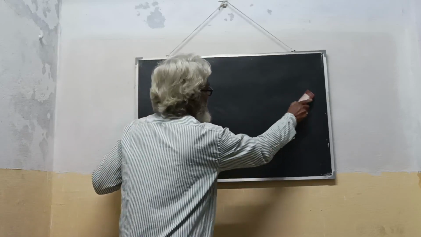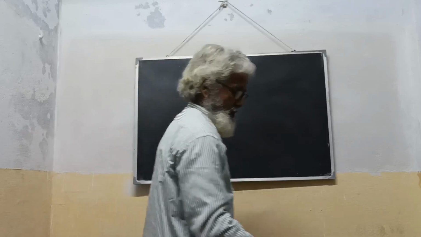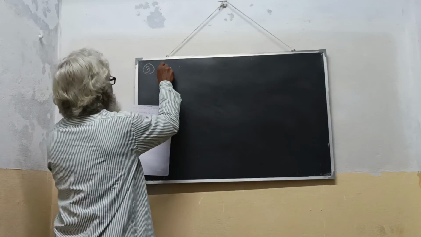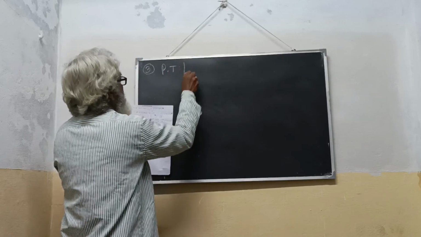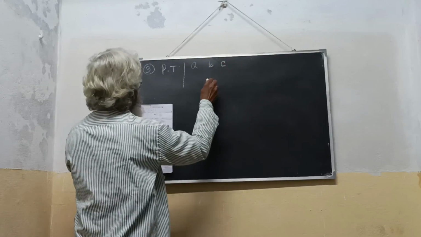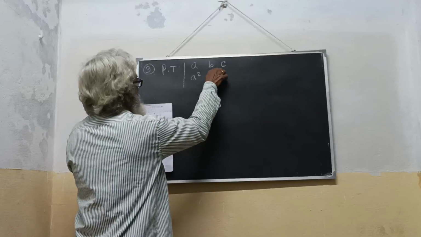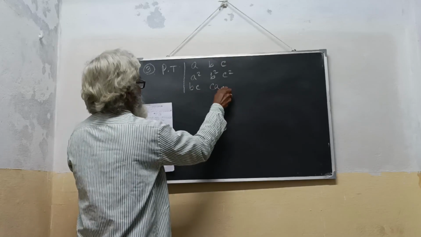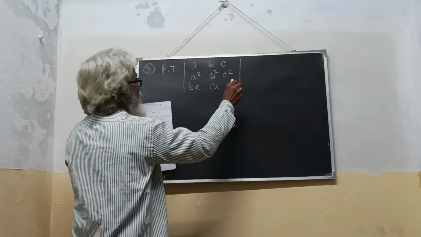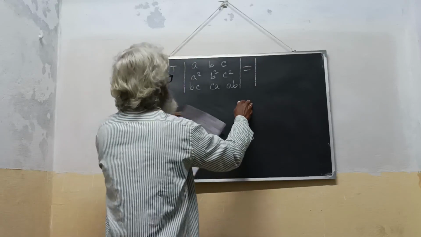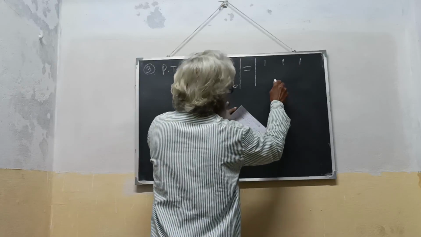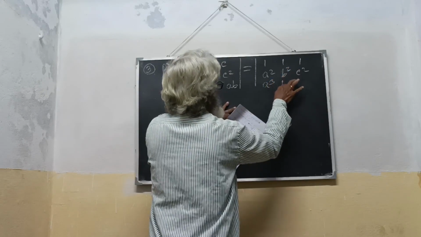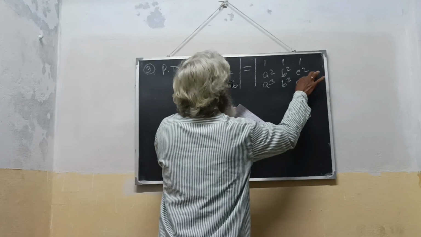Now we take our third problem. What will be the third problem? My third problem is that: prove that determinant A, B, C, A square, B square, C square, BC, CA, AB equal to another determinant 1, 1, 1, A square, B square, C square, A cube, B cube, C cube.